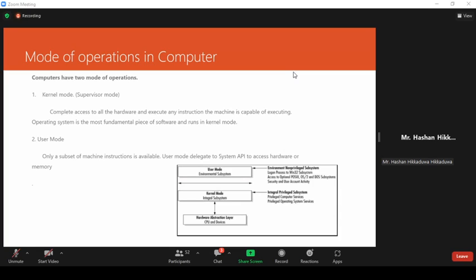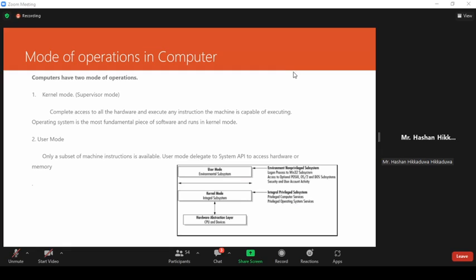So then why do we need two modes of operation, kernel mode and user mode? If we have kernel mode, we can access all the resources, all the hardware and instructions in the computer. Why do we need a user mode? If we are in the kernel mode, then there's no problem, complete access is there, right?